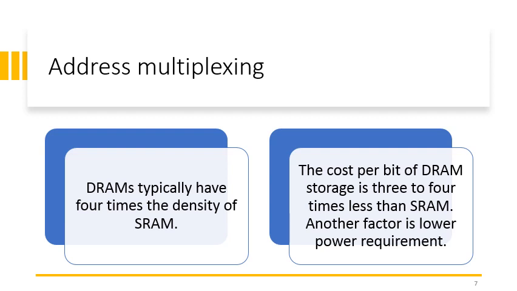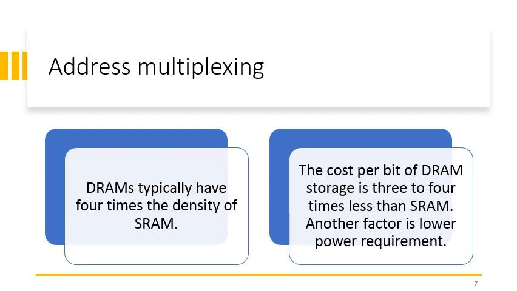In order to access all those locations, that process would require some more time compared to applying a complete address in parallel on all the lines. So if there are a limited number of address lines, we need the concept of multiplexing. We implement that concept where our dynamic RAMs typically have 4 times the density of static RAM.